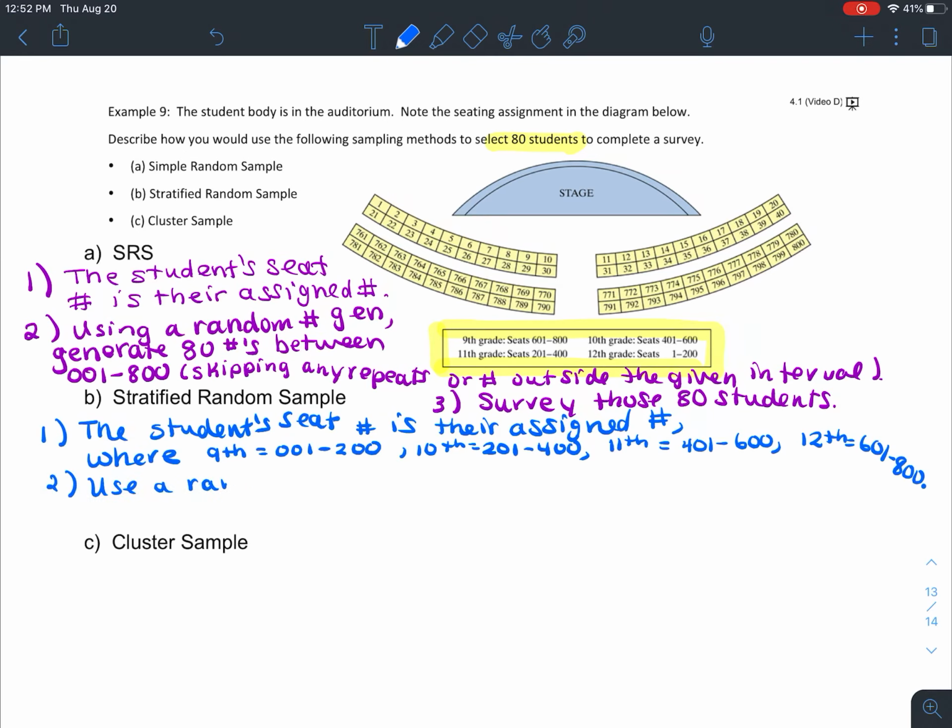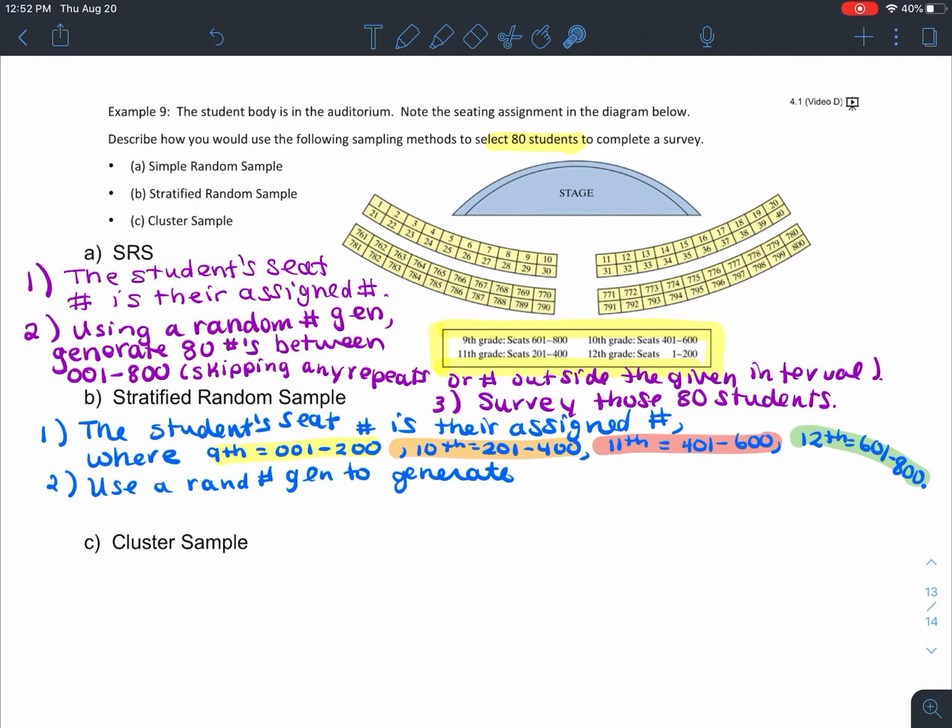Then step 2, I'm just going to say use a random number generator to generate, now let's think about this here. Think about how we want to do this. They're in these 4 groups. Group 1, this is the sophomores, here's the juniors, and here's the seniors. I'm wanting in stratified random sampling to reach within each of these groups and select a certain amount.